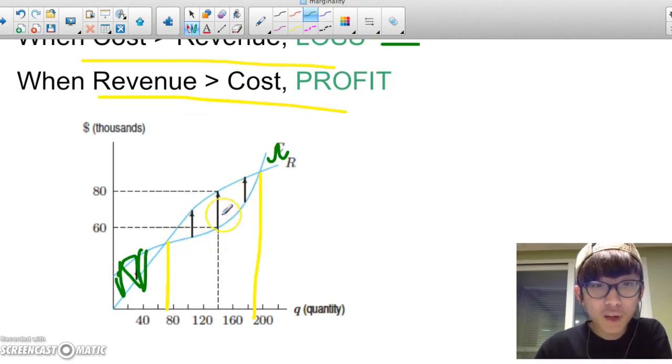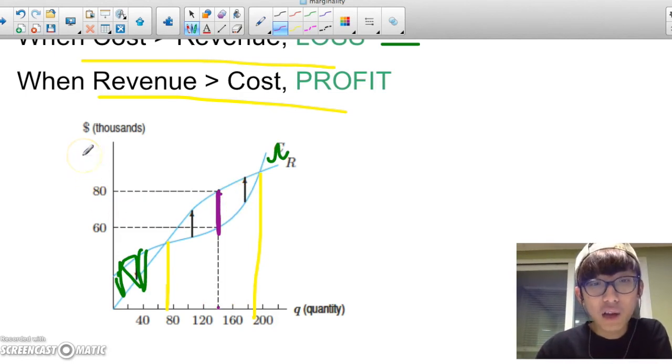But from here, because profit is defined as revenue minus cost, if revenue is a lot bigger than cost, then it's probably maximizing profit, and from here it's clear that this difference is the biggest among all the differences, and this point, which is quantity of 140, is where they maximize profit.